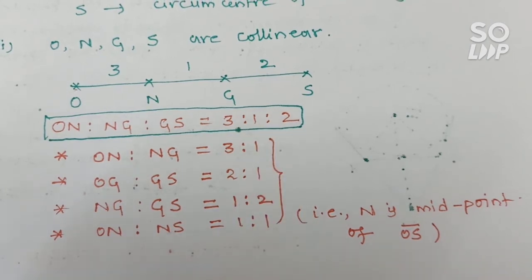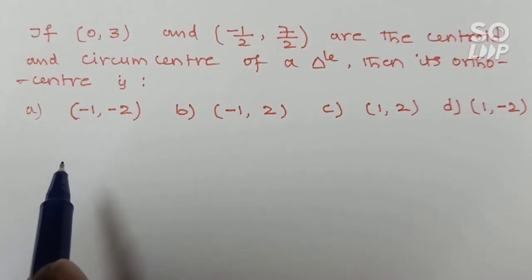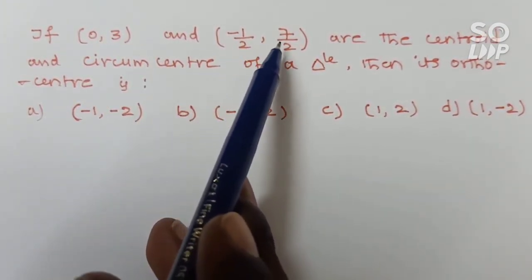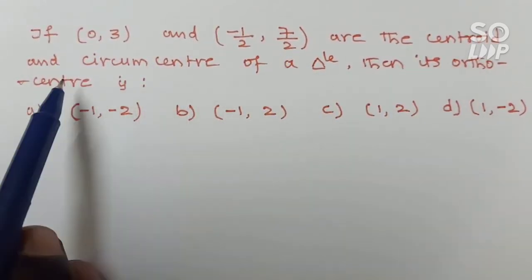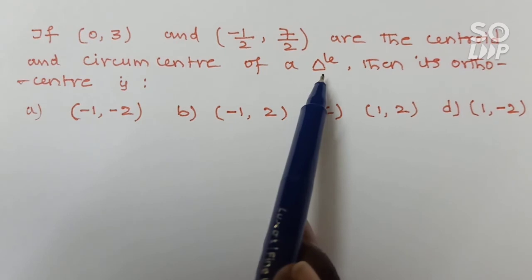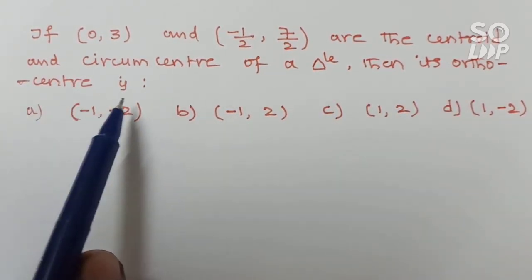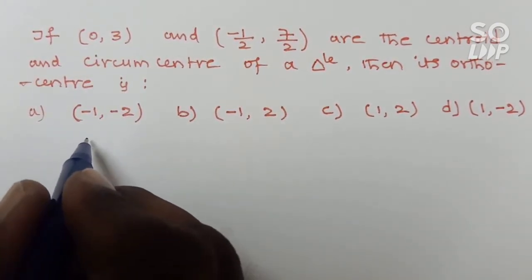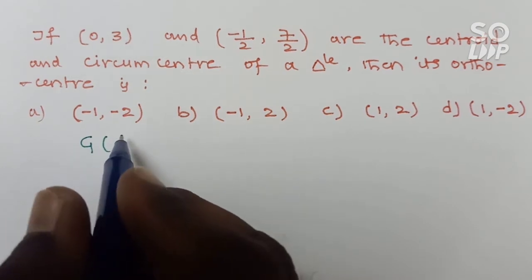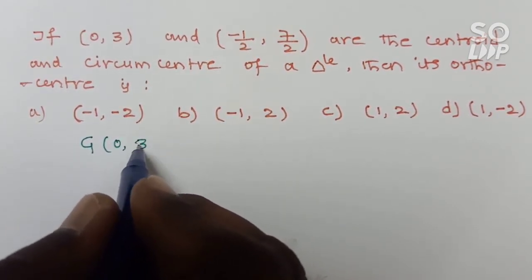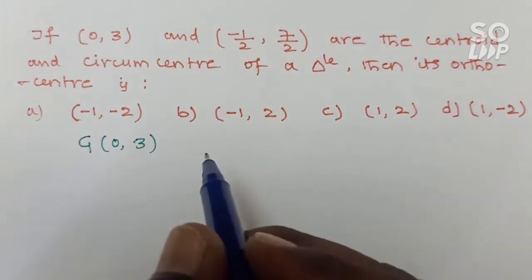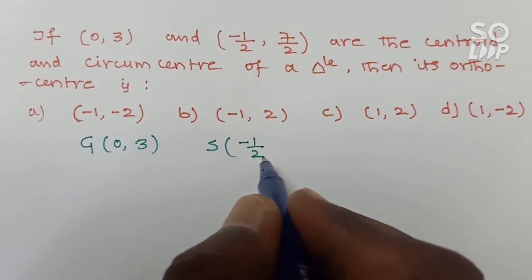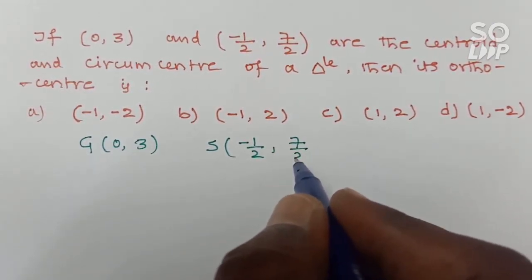See all the problems. In this problem, (0, 3) and (-1/2, 7/2) are the centroid and circumcenter of a triangle. Then we have to find its orthocenter. The first point is the centroid, G is equal to (0, 3). The second point is the circumcenter, S is equal to (-1/2, 7/2).